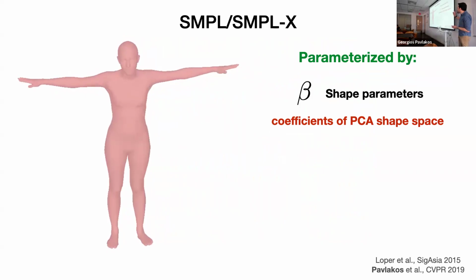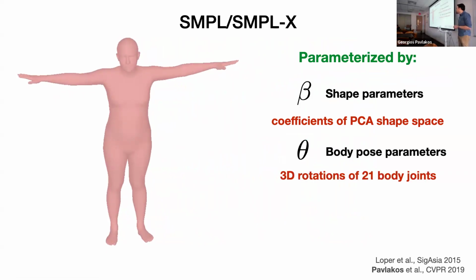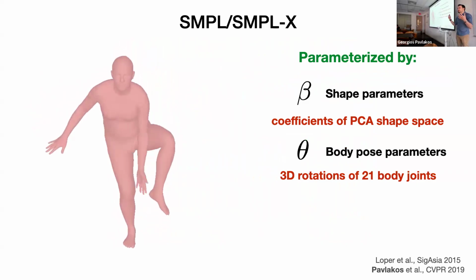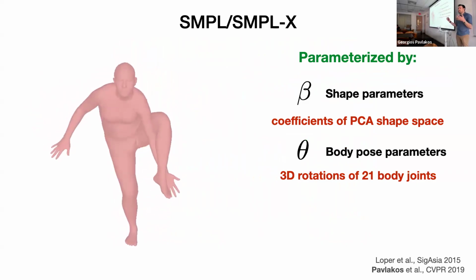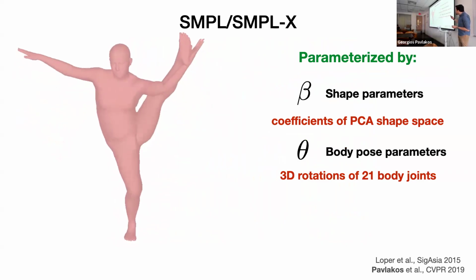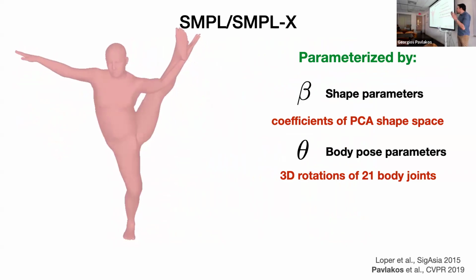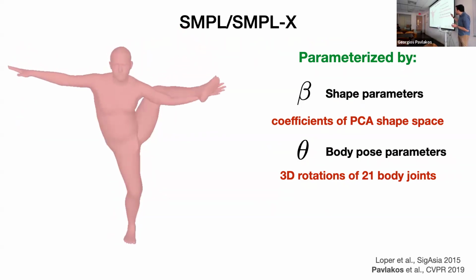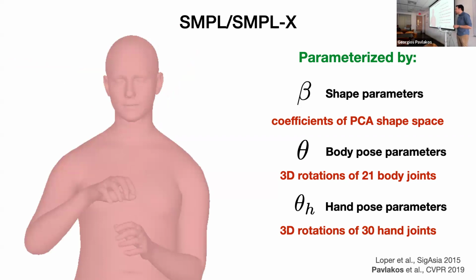We have separate parameters for the 3D rotations of the body joint angles. And depending on the granularity of the model, we could also have separate parameters for the hand pose, which are again the 3D rotations of the hand joints.